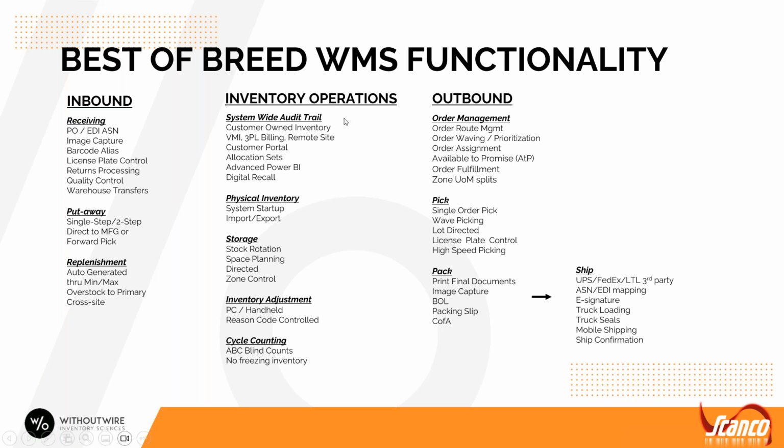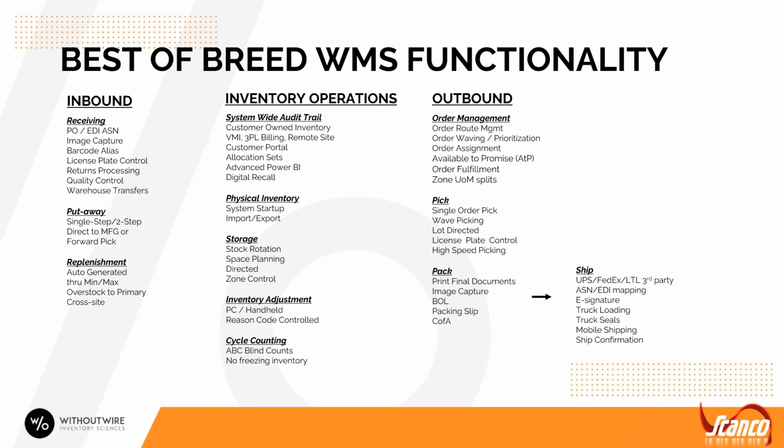From inventory operations, we have a system-wide audit trail to help you in terms of a time date stamp of every transaction within the system with a history log, so you can always go back and investigate any transactions from the past.